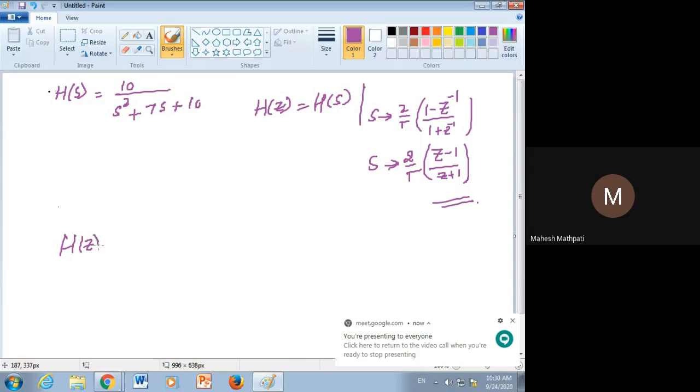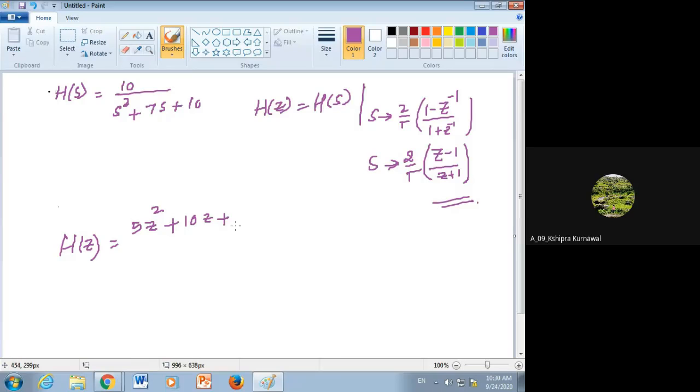H of z is equal to 5z square plus 10z plus 5, upon 14z square plus 6z. That's it, sir. Okay. How many of you have got this answer?